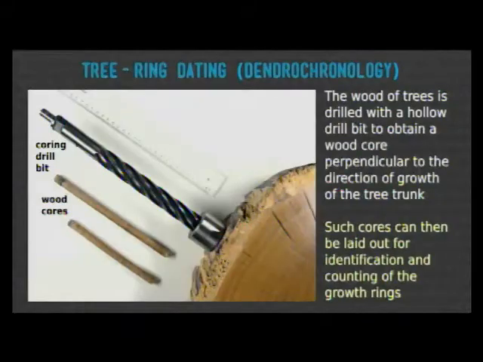How do they measure these tree rings on living trees? Well, they get a hollow drill and drill into a tree, and the wood that stays in the hollow section, when they pull the drill bit out, they can take out to form a wooden core. And then they lay out these wooden cores to compare from one tree to the next.